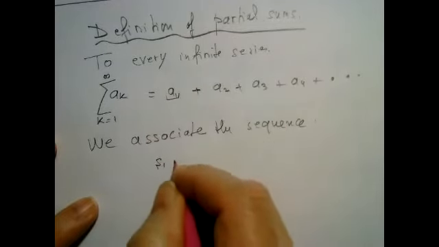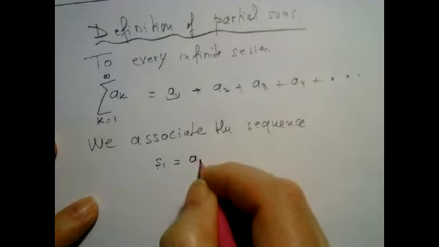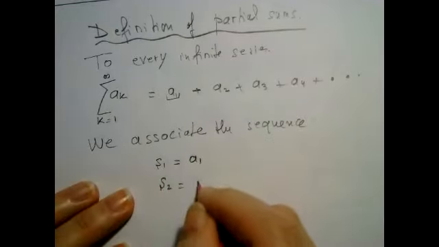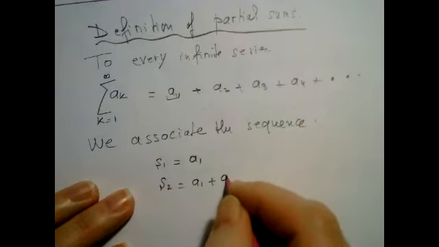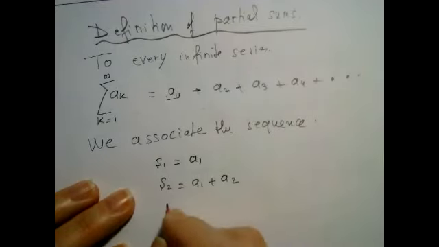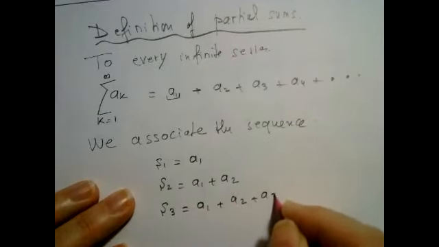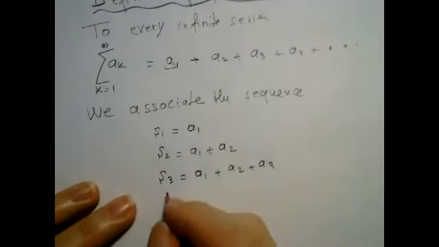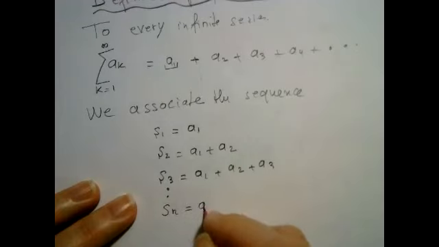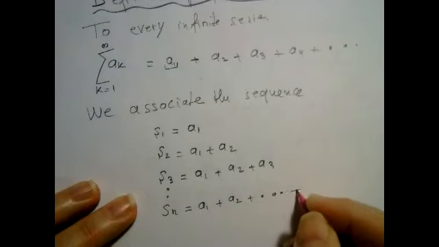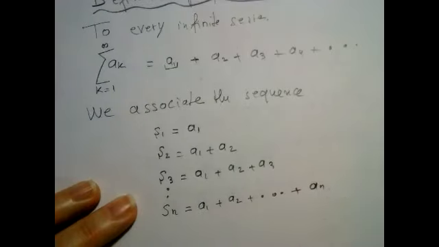S1 equals a1. S2 is a1 plus a2, the sum of the first two terms. S3 is a1 plus a2 plus a3, etc. Sn is a1 all the way to an, so it's a finite sum.